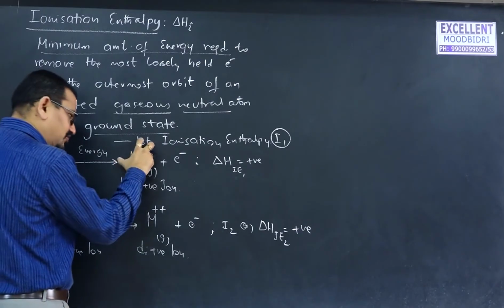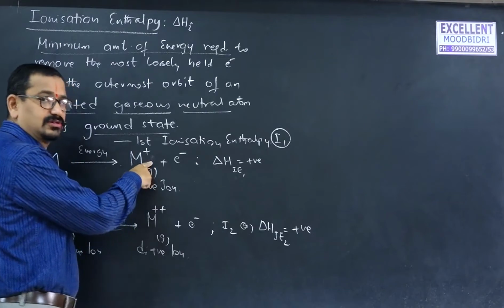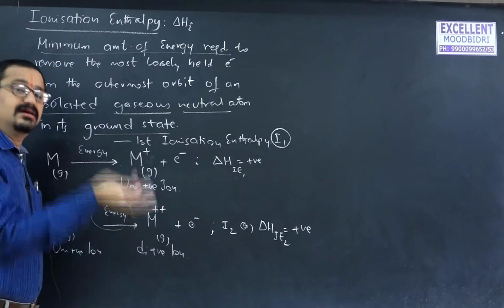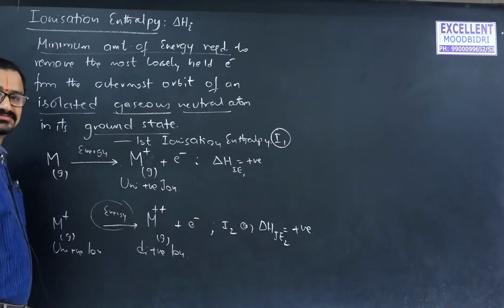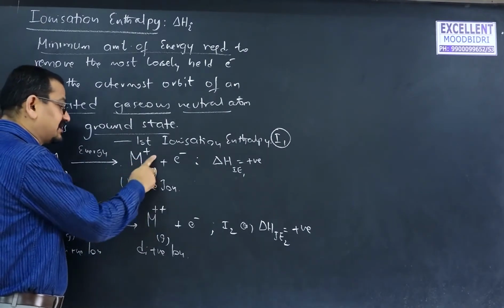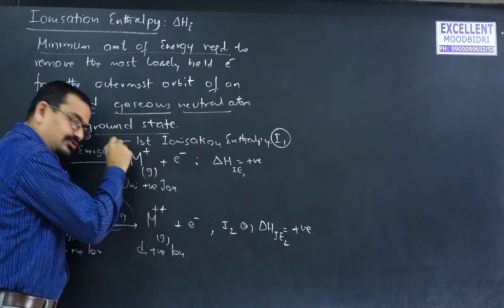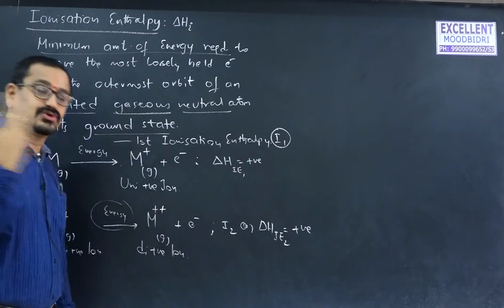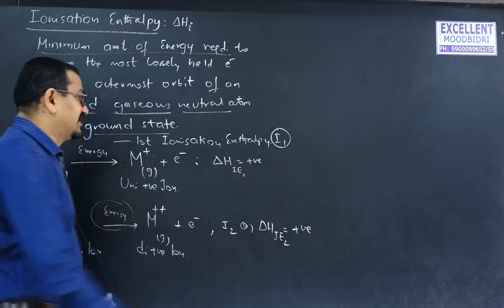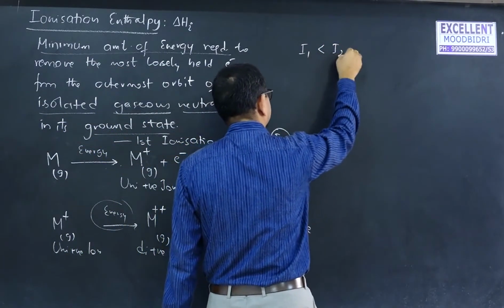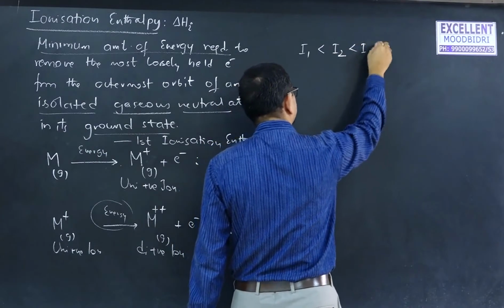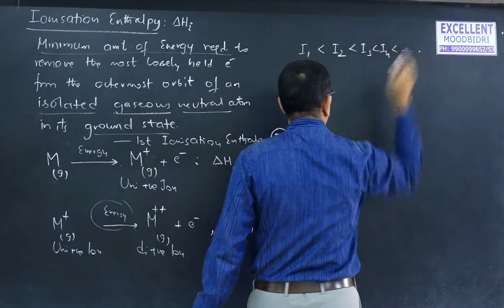As these electrons are relatively more strongly held to the nucleus, they need more energy to come out of that influence. That's why first ionization enthalpy is always less than second, which is less than third, which is less than fourth, and so on.